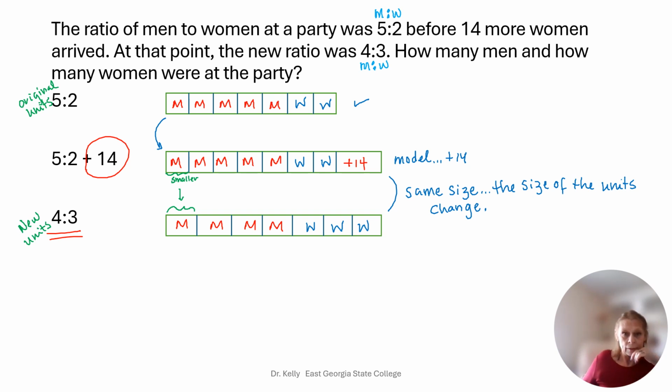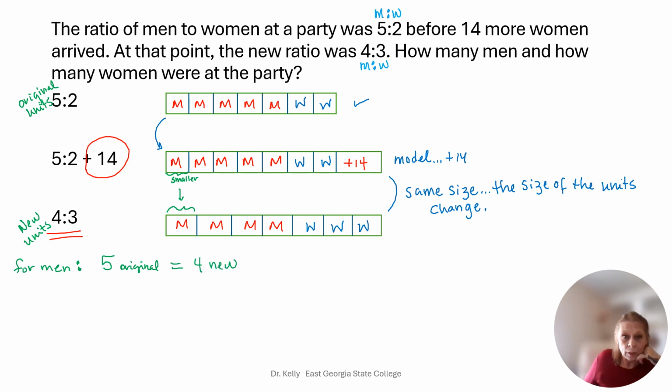Okay, so we're going to make a first observation. It might be a little hard to follow what I mean here. But for the men, 5 original units are equal to 4 new units.